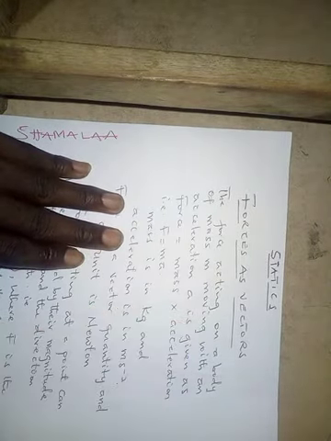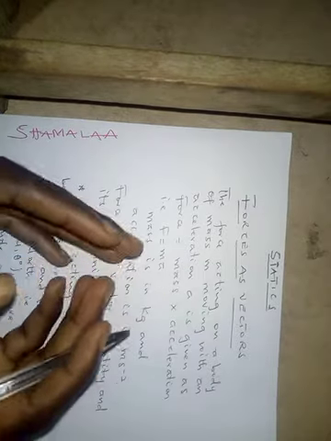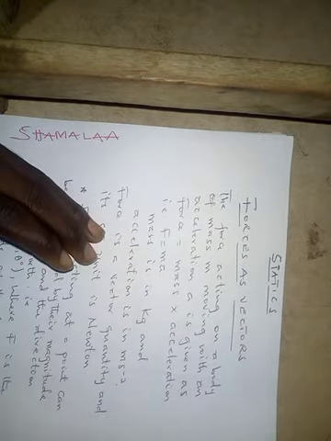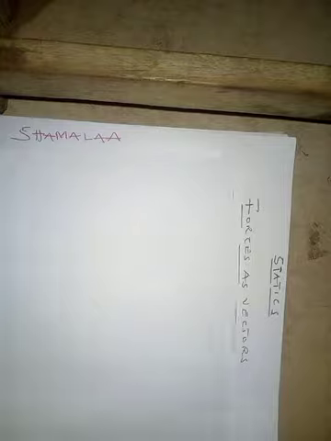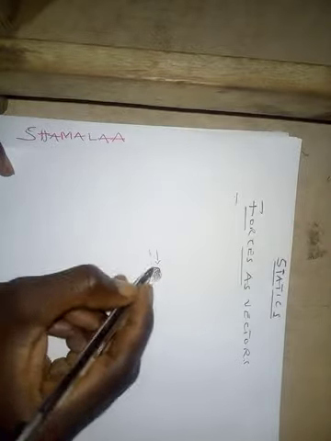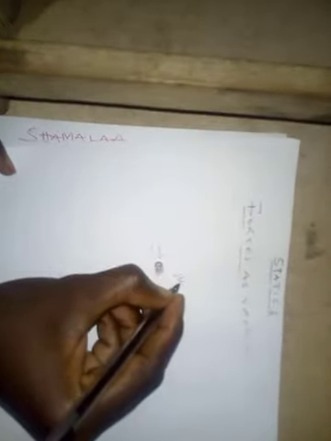Remember, statics deals with forces applied to stationary objects. For instance, let's assume a body is resting on a surface. If a body is resting and then you apply a force to it, that is what is called statics.